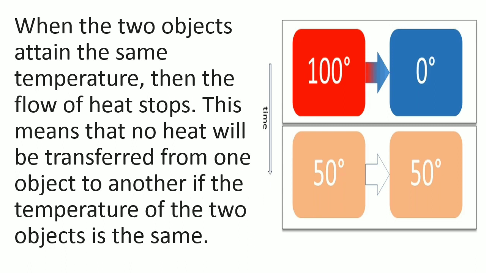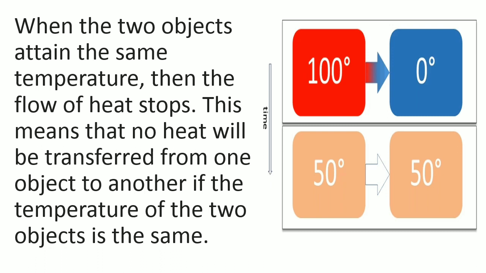The red one is at 100 degrees Celsius and the blue one is at 0 degrees Celsius. So think, where will the heat transfer? As I said, heat will transfer from a hotter object to a colder object. So it will transfer from the red object to the blue object.